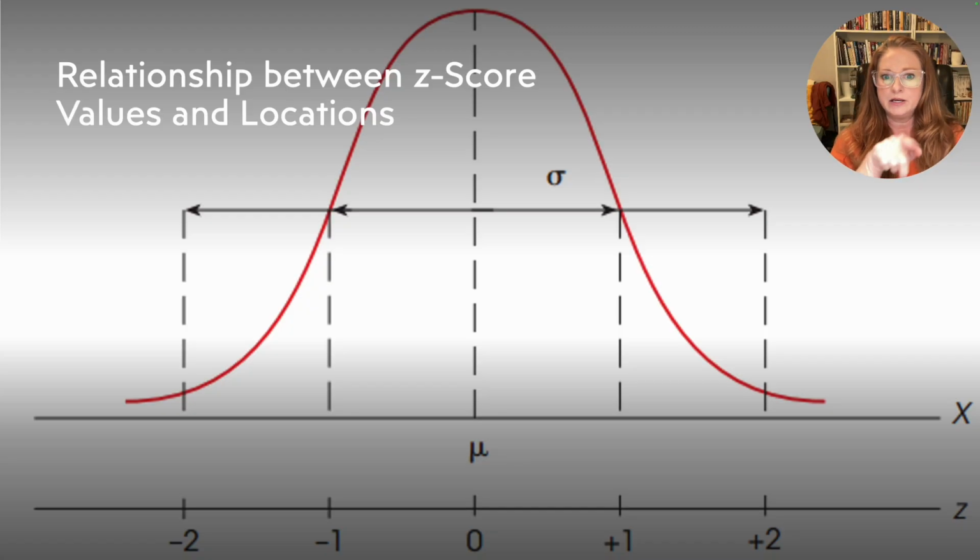Take a look at this very big distribution here. The mean, or mu, is right down the center. It's a normal distribution, so perfectly symmetrical. The left-hand side looks just like the right-hand side. Look at the very bottom part first.